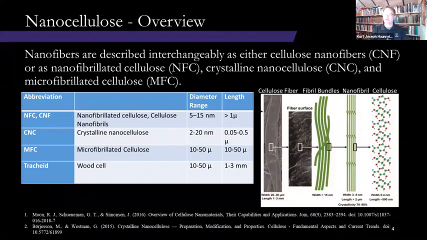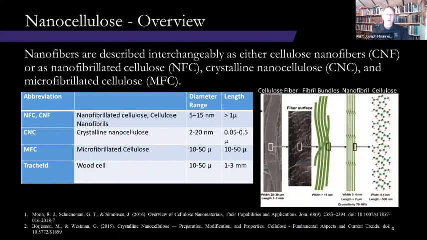Now, the NFC that you all make in the lab is going to be in the range of about 100 to 300 nanometers in length, so about 0.2 to 0.4 microns roughly. Okay. Crystalline nanocellulose, you compare the NFC to CNC, you can see that the ranges in diameter overlap. It's 2 to 20 nanometers, but the lengths are quite a bit shorter.